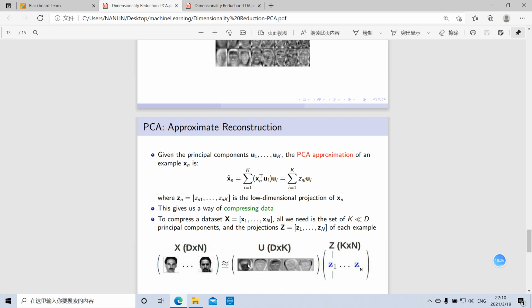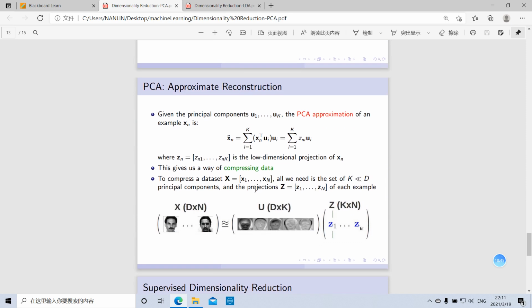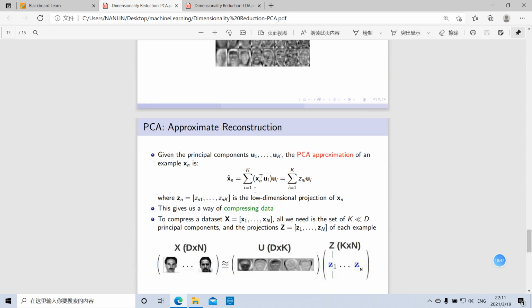We can use this projection matrix times the lower-dimensional data and reproduce the original dataset. So this is one way of compressing data, and we can also reconstruct the original data by reusing U and Z.